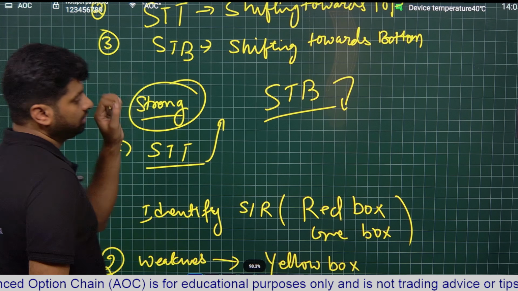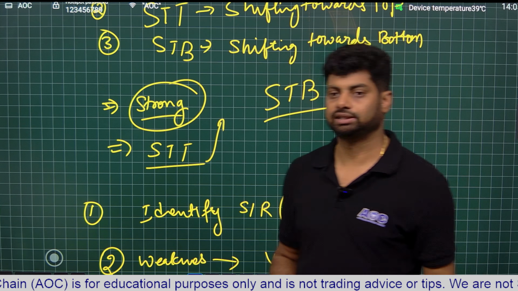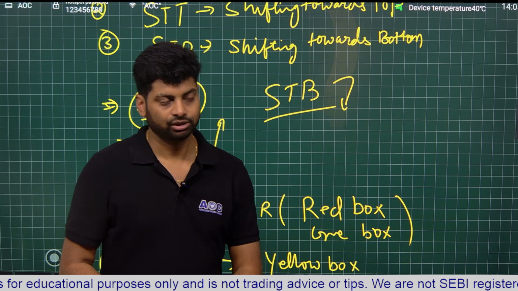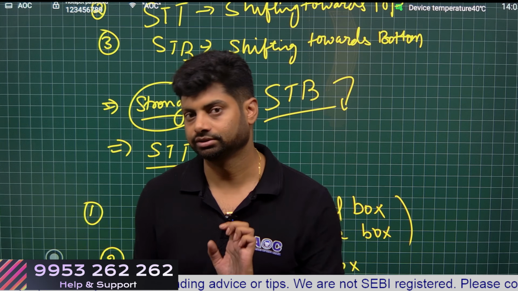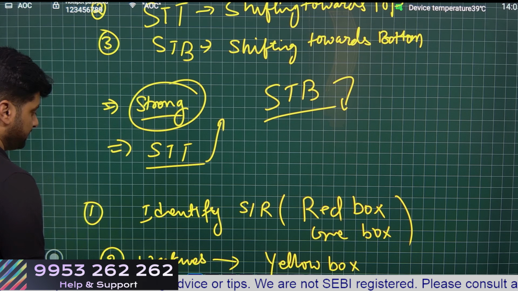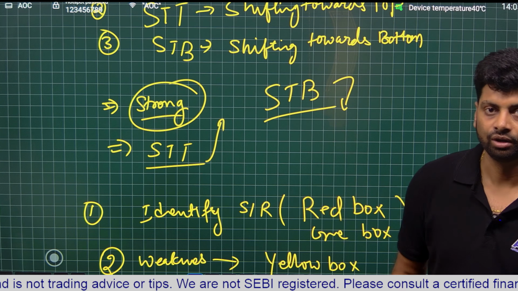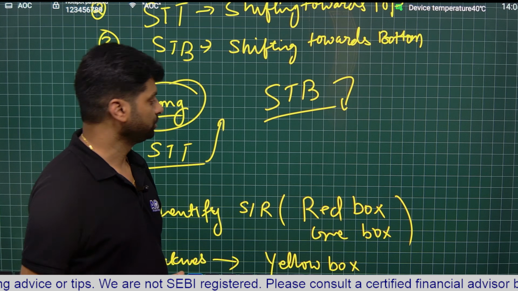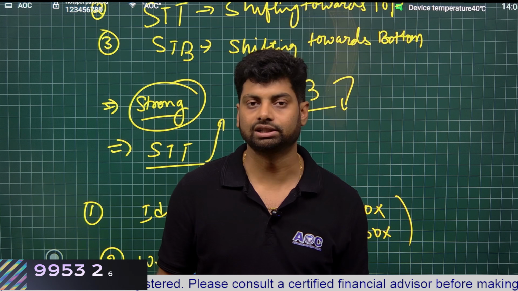Now let's define what is strong support or resistance. A support or resistance that is not going to change position to any other strike price is called a strong support or resistance. Similarly, a support or resistance which is likely to shift to a higher strike price is called STT, or shifting towards top.